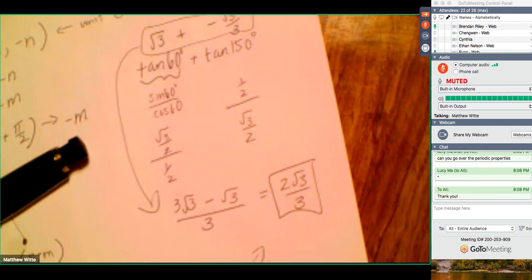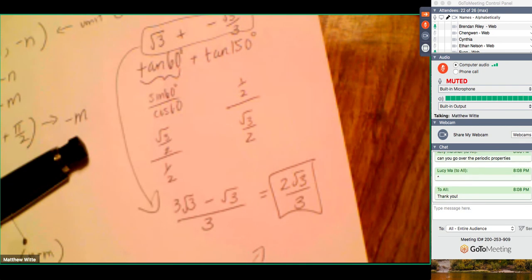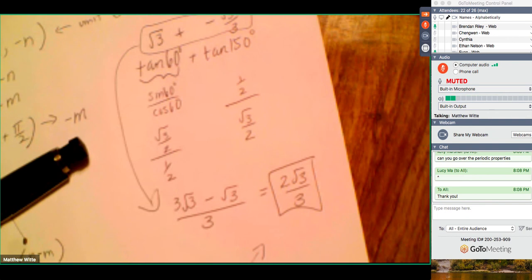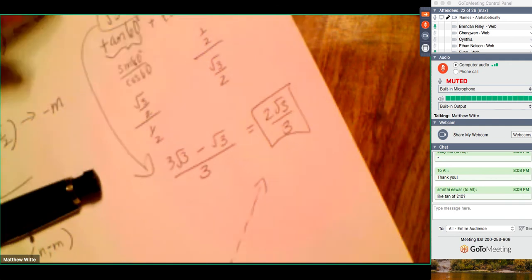If it worked out nicer, could we have added the tans? I don't know what you mean. Can you go over the periodic properties? Yes, I can. Like the tangent of 210.